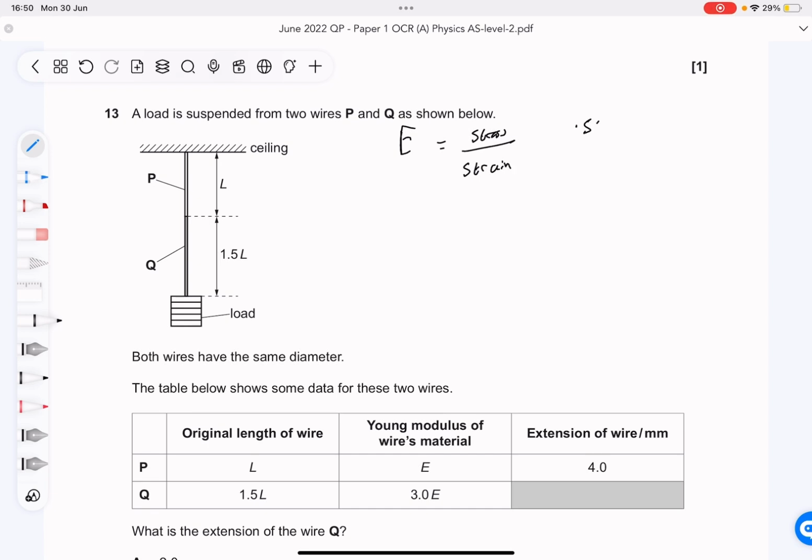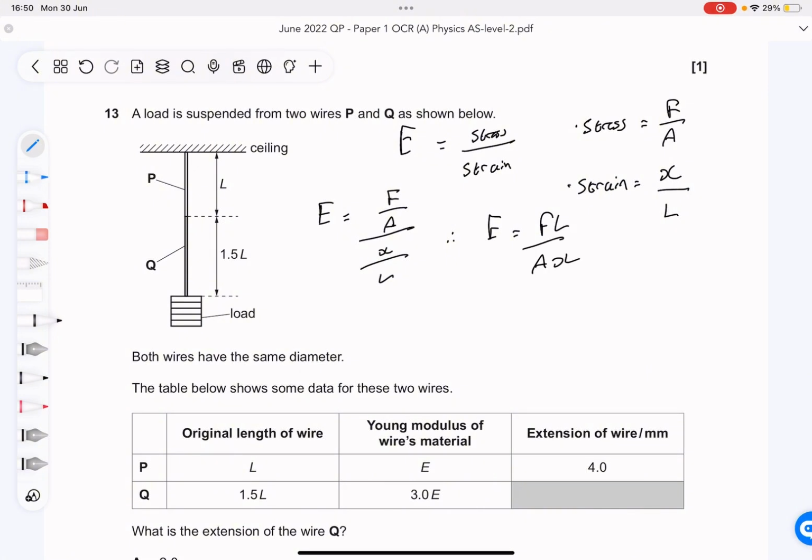Stress is equal to force divided by area, and strain is equal to x, the extension, over the original length. So the Young's modulus equals the force over the area over the extension over the length. Therefore, the Young's modulus, if I tidy that up, is FL over AX.